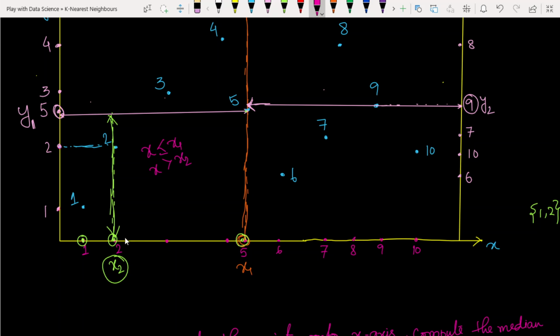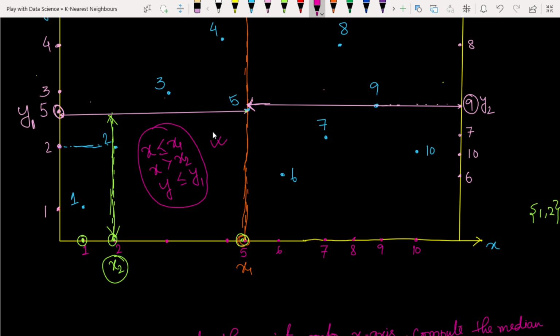This region, these two things, and y1 less than or equal to y. These are the simple checking conditions of these regions.